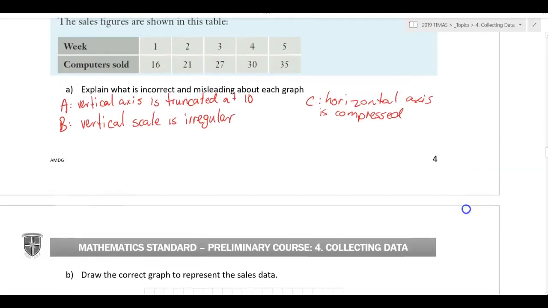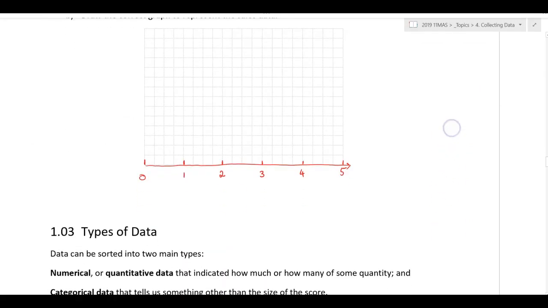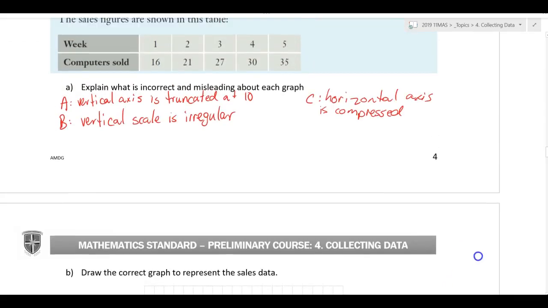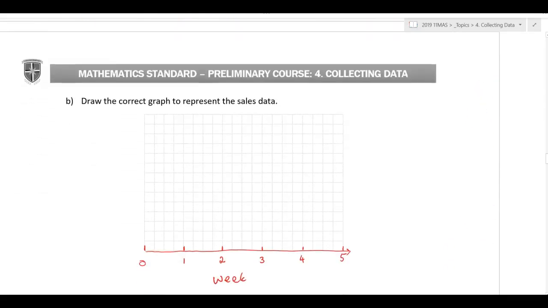Axes need to be labelled, so that is the week. My vertical axis, I need to go up to 35. If I make every 4 squares 10, 20, 30, 35, maybe that'll work.